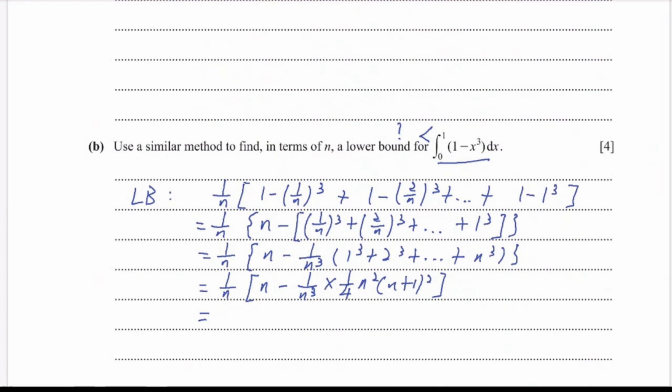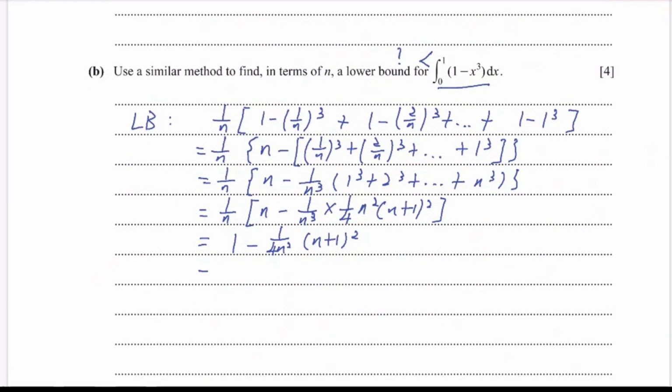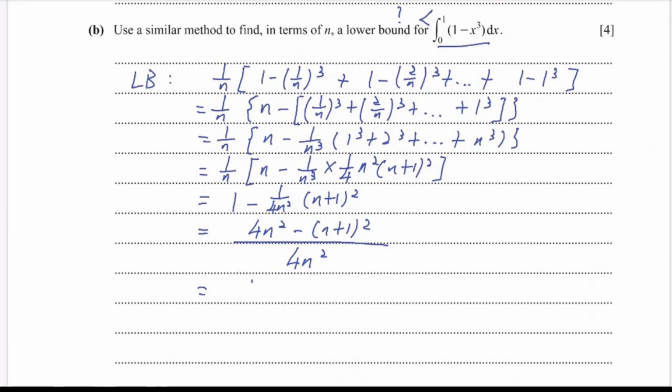So it depends how you want to work on that. Maybe we expand. So this is 1 minus, and we've got 1 over 4 n squared multiplied by this n plus 1 squared here. When we combine the two terms together, we get 4n squared at the bottom. So this is 4n squared minus n plus 1 squared. We just expand from there and tidy up.